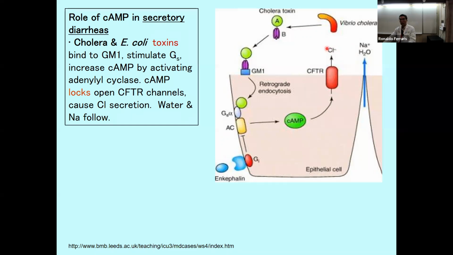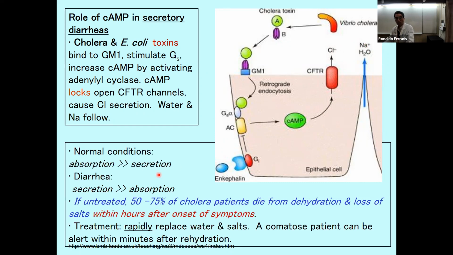And when that happens, the food side becomes more negative, attracting sodium and water. So these fluids that are flowing out here are then responsible for the deadly diarrhea that occurs in cholera.